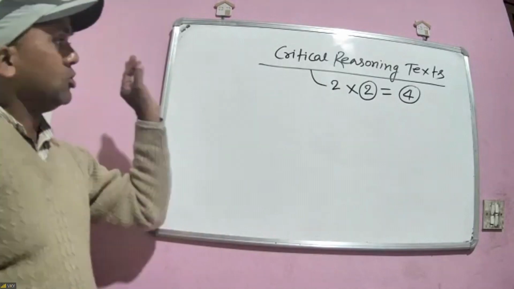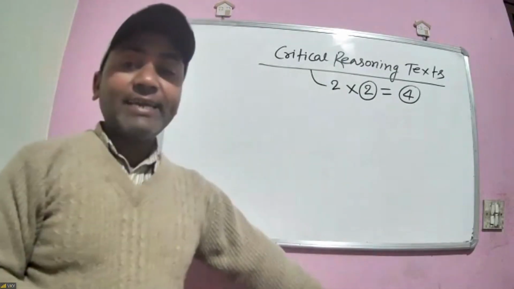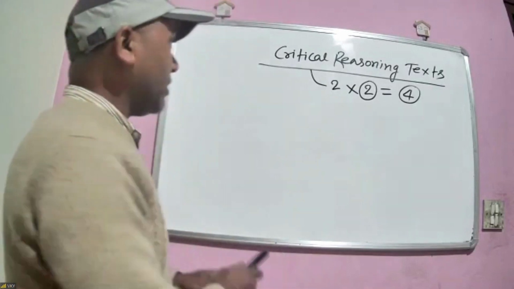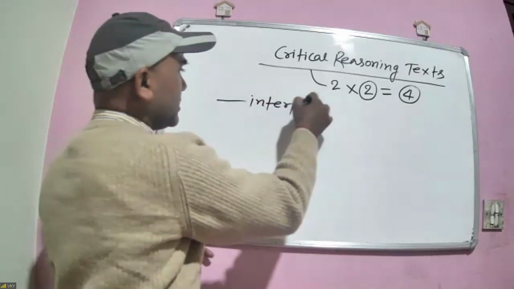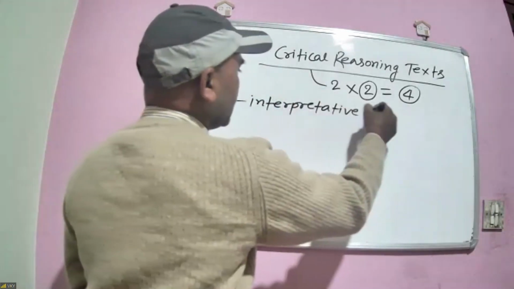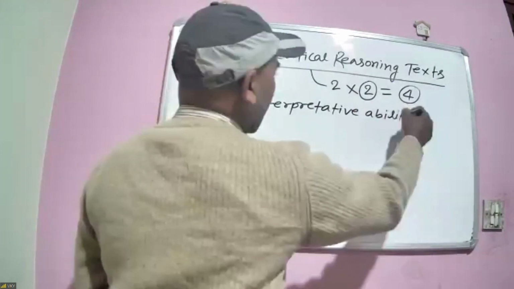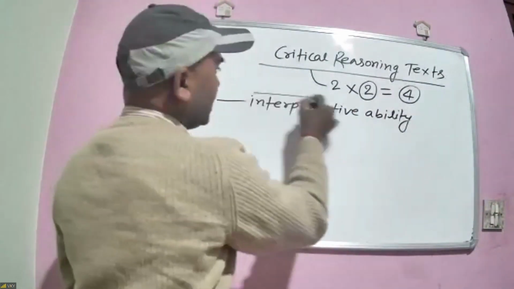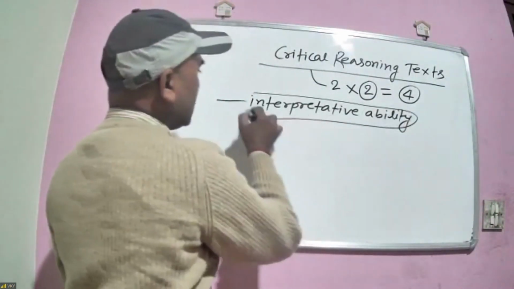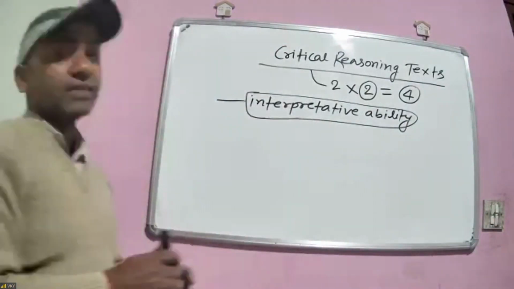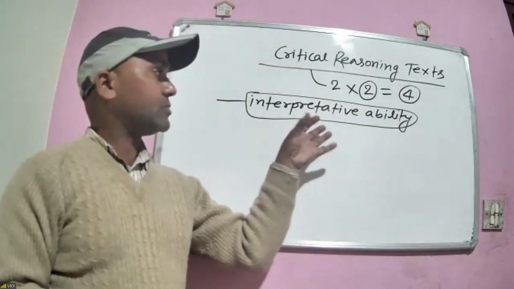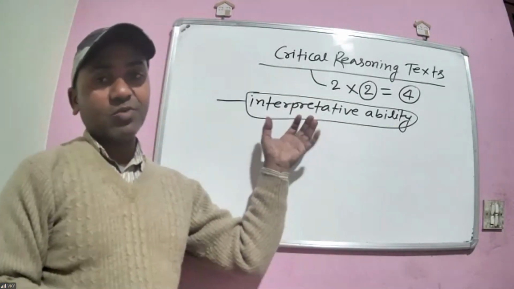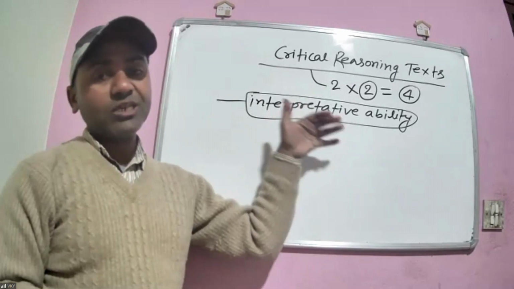In order to understand any critical reasoning text, one must have interpretative ability. If you have interpretative ability, then you can easily understand a critical reasoning text. What does this ability do?